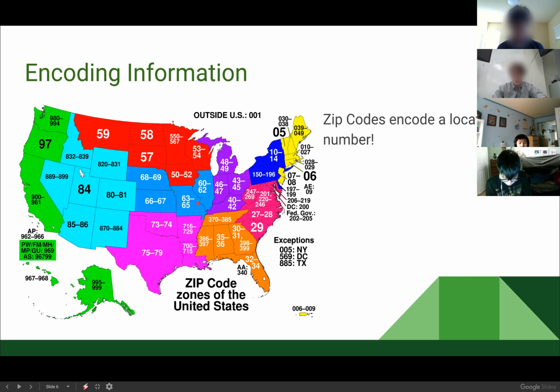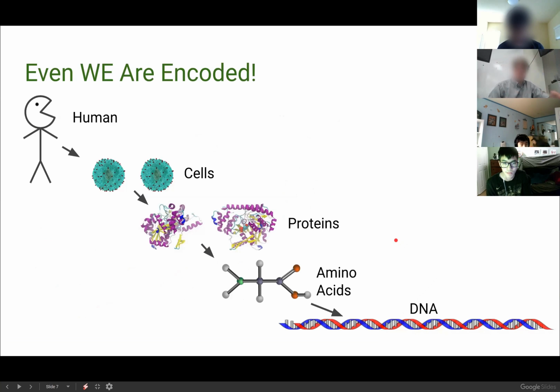Another example is zip codes. Within the US, each different state has some sequence of zip codes assigned to it. So these different codes are going to encode their location as a number. Even we as humans are encoded.